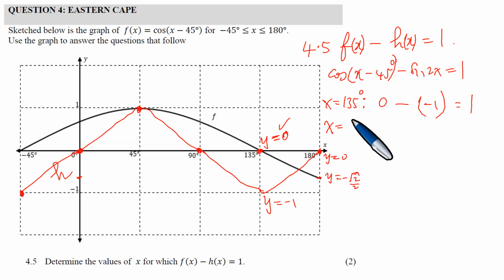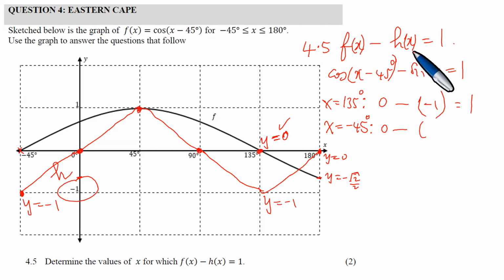So at x equal to -45 degrees, we have something similar. One of the graphs, like the black graph, the f function, is 0. So f is 0. But what is h? h is -1, because it is y that is -1 there.